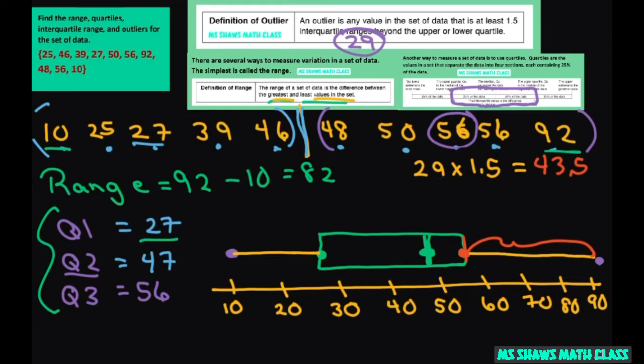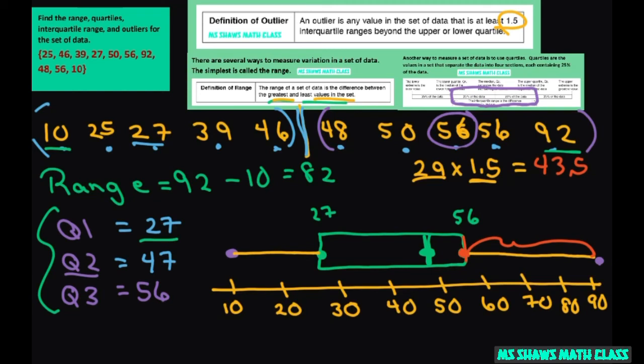An outlier is any value in the set of data that is at least 1.5 interquartile ranges beyond the upper or lower quartile. That's why I multiplied by our interquartile range. Our upper quartile is 56, and our lower was 27.